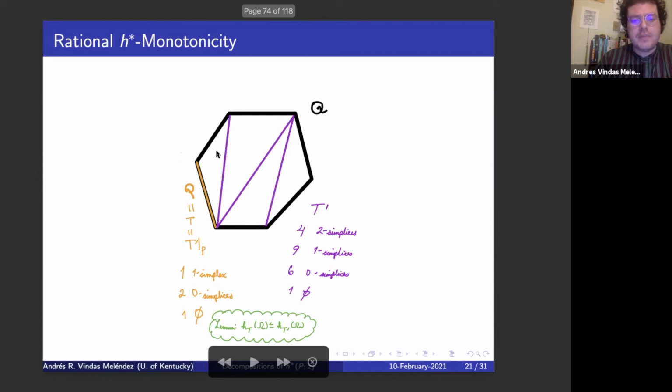Also, considering these full dimensional simplices, when I restrict to just P, it turns out the line segment was the triangulation with one simplex, two zero simplices, and the empty face. What the lemma is saying is that the H polynomial of this triangulation, again keeping track of every simplex, dominates the H polynomial here. Okay. Everybody with me?